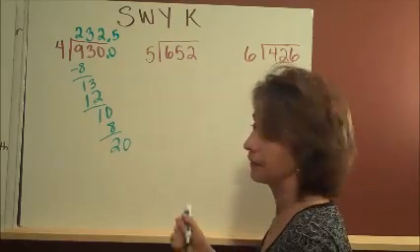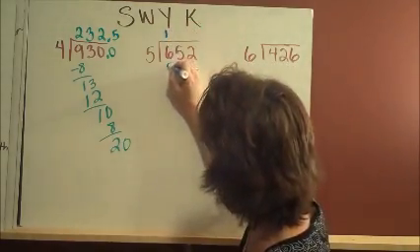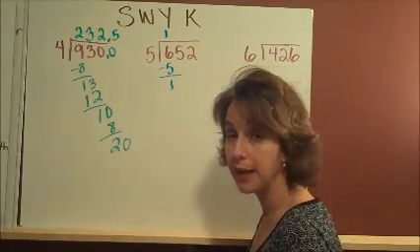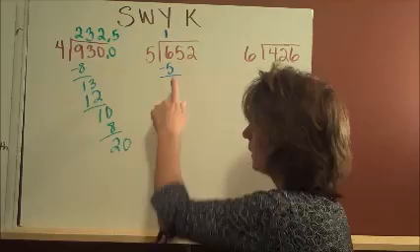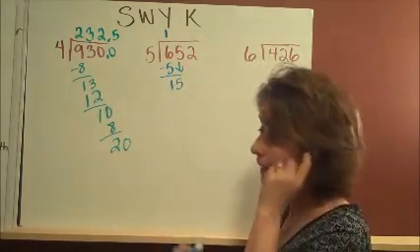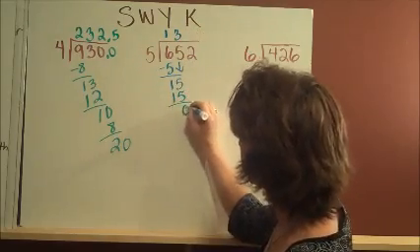652 divided by 5. Yes, I have enough to give everybody 100. I have 100 left over, which I trade for 10 tens. Combined with the 5 I already have, I have 15 tens. Everybody gets 3 tens.